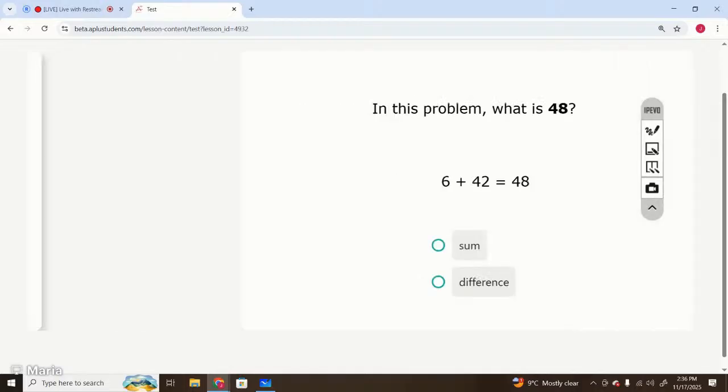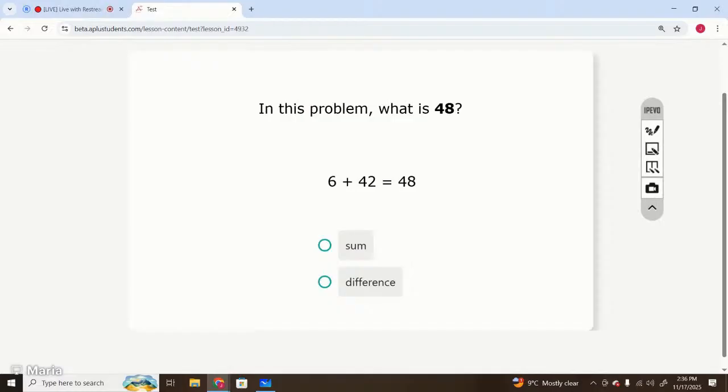Next, what is 48? 42 plus 6. So we are adding, right?